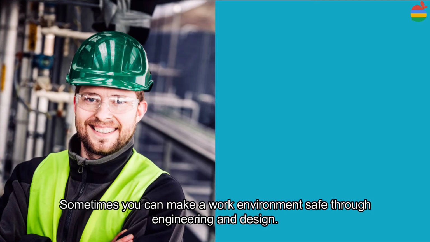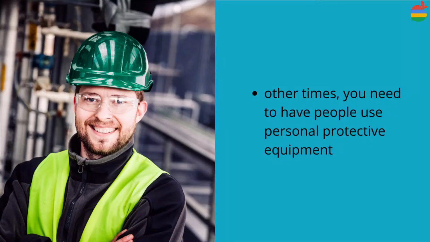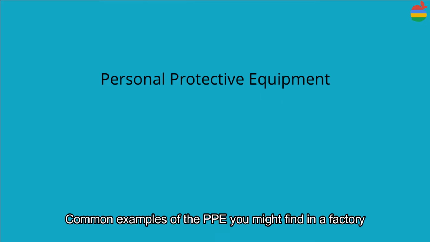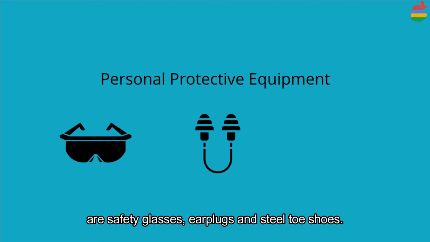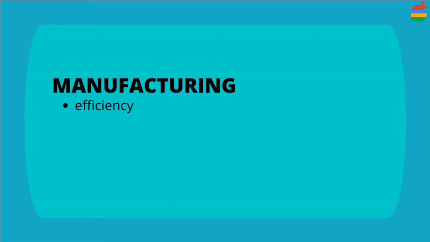Sometimes you can make a work environment safe through engineering and design, but other times you need to have people use personal protective equipment. Common examples of the PPE you might find in the factory are safety glasses, earplugs, and steel-toe shoes. Now let's talk about efficiency.